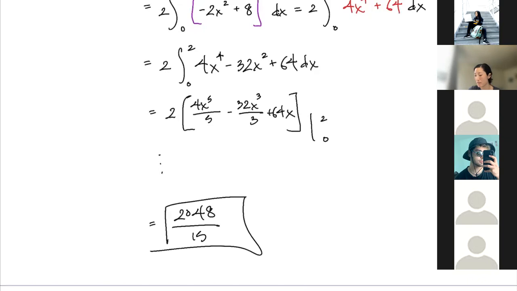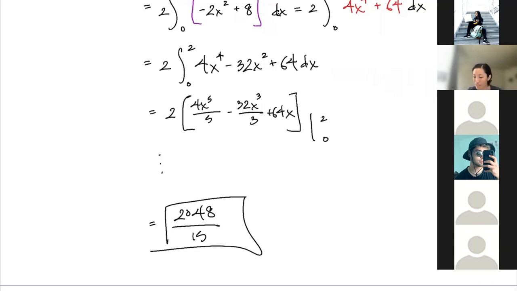Plug in some numbers, be accurate with your computations, and you should end up with 2048/15. Haha, I see what you did there. It is a voluminous number. Sometimes though you get an answer of like 1 and you're like, seriously, the answer is 1? But yeah, sometimes it can be.